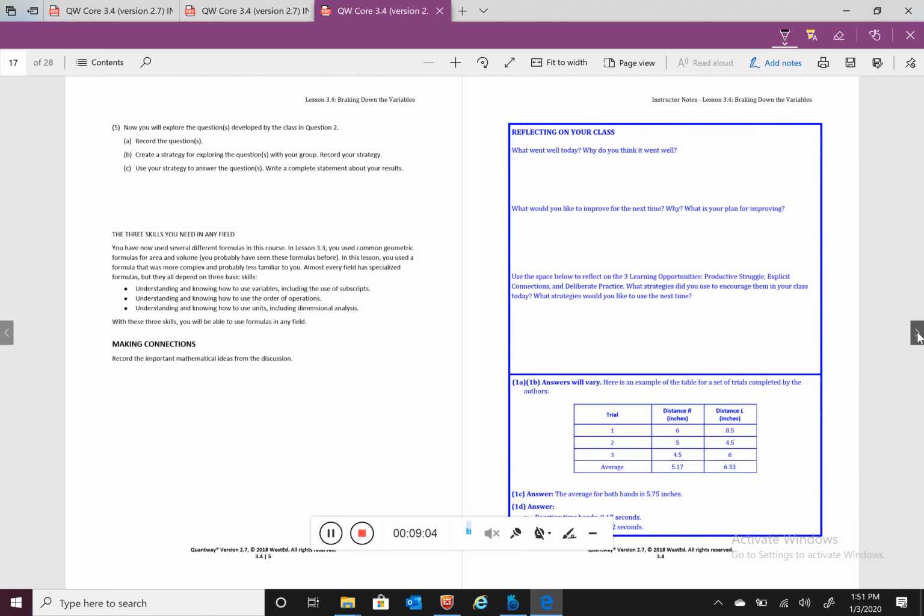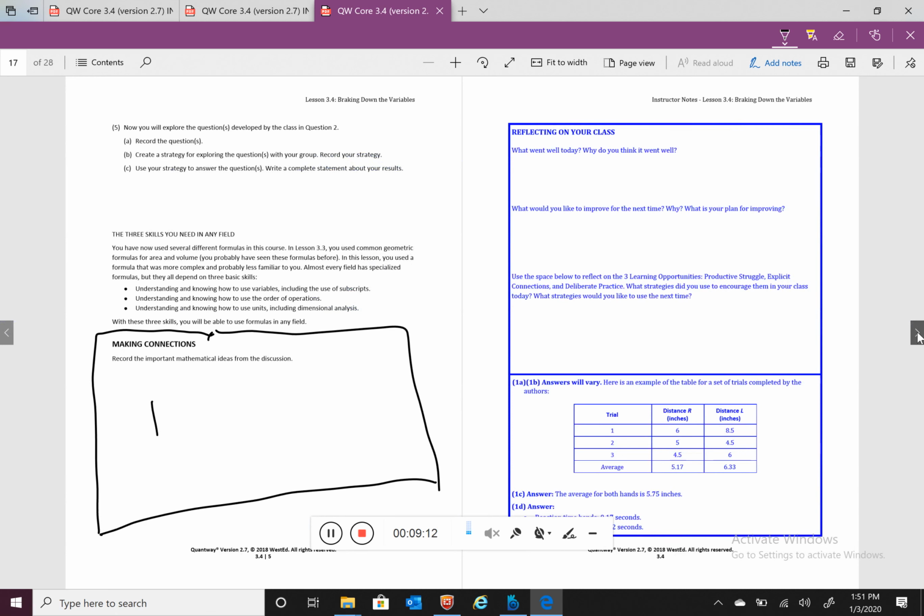Now we're on to student notes with making connections, and this is a valuable opportunity to come back with your students and make sure that they are driving this discussion, but it is facilitated, it is prompted through dynamic questions by you, of making sure that they're understanding the main ideas, the important mathematical ideas from the discussion.